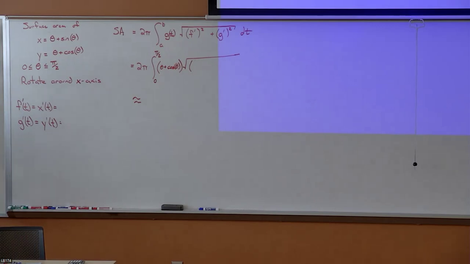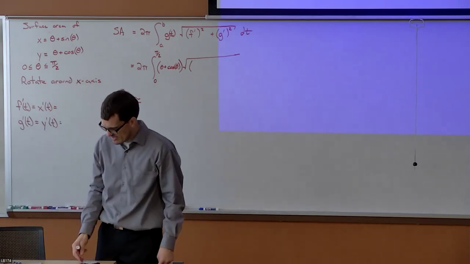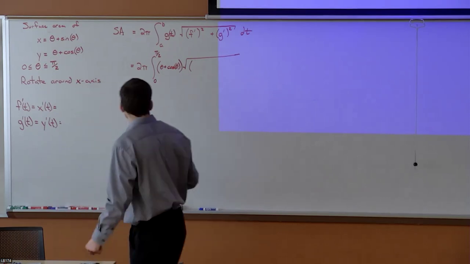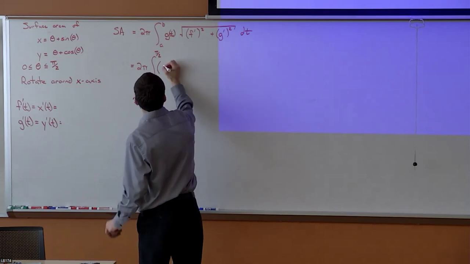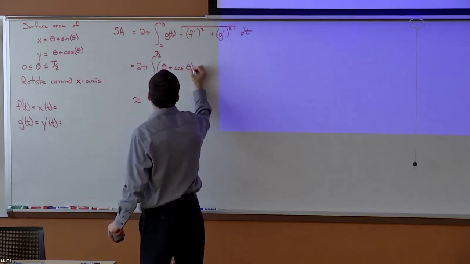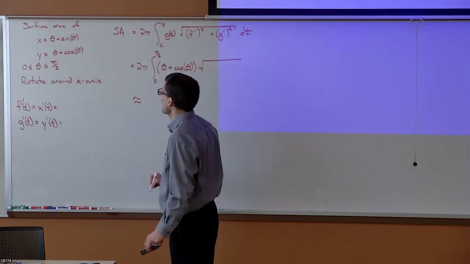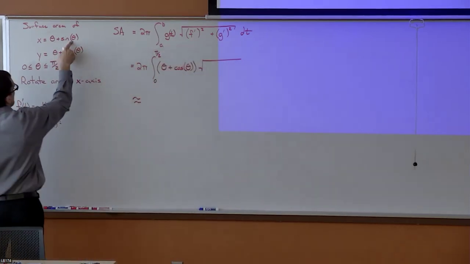Make sure you put parentheses around that whole thing. So that whole thing, theta plus cosine theta, gets multiplied by my square root. In fact, let me rewrite this just so it looks a little nicer.